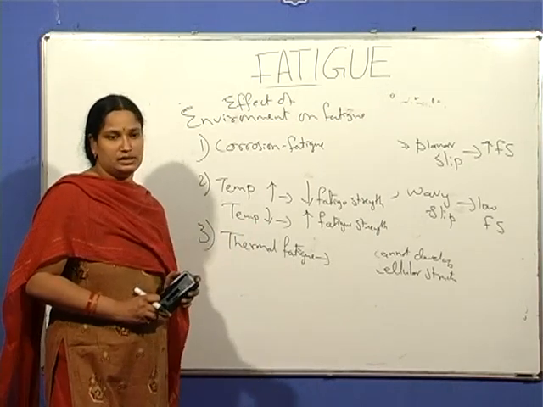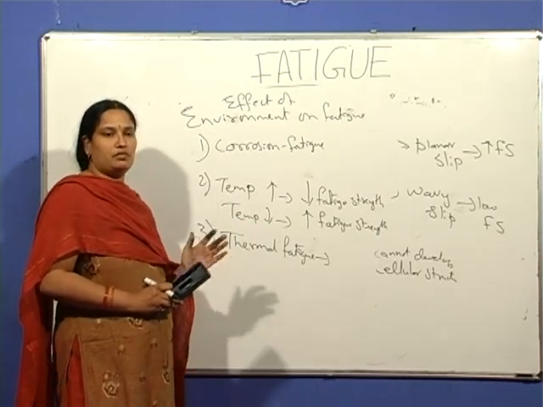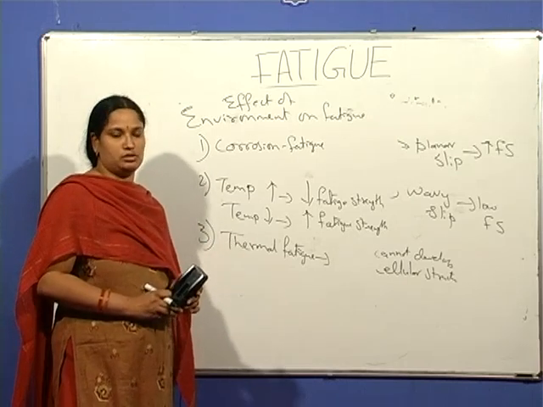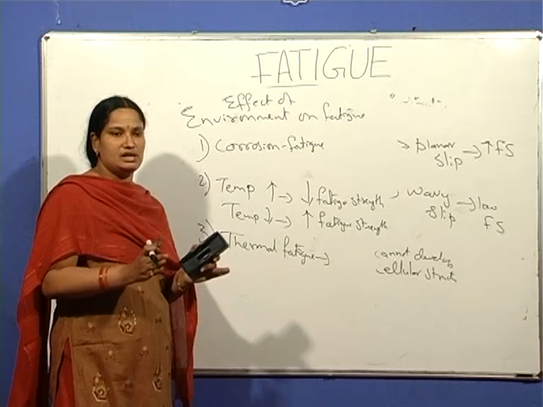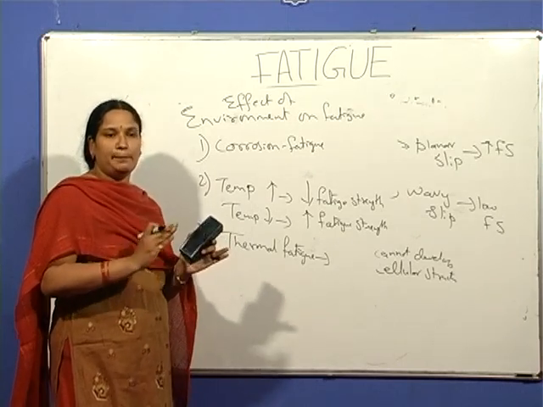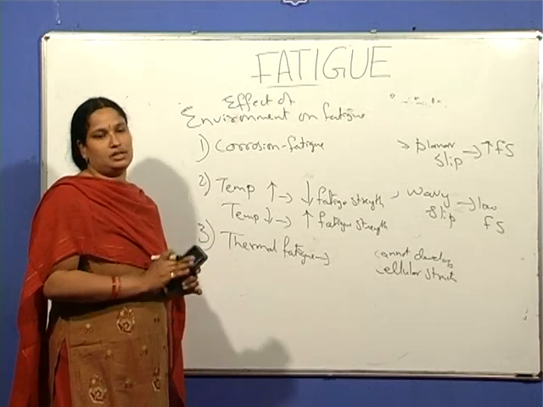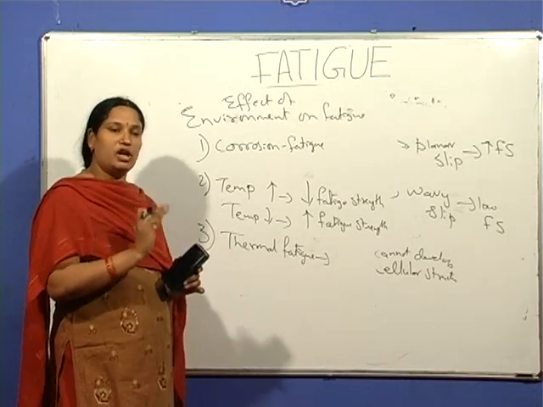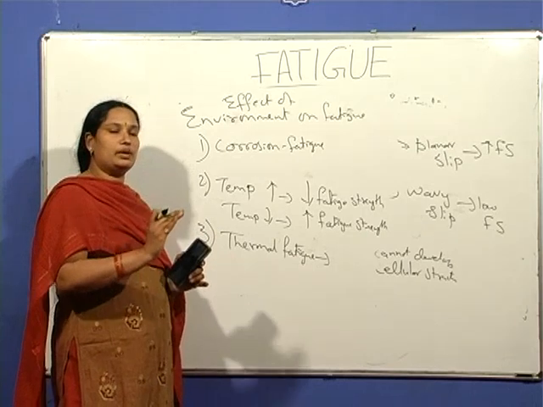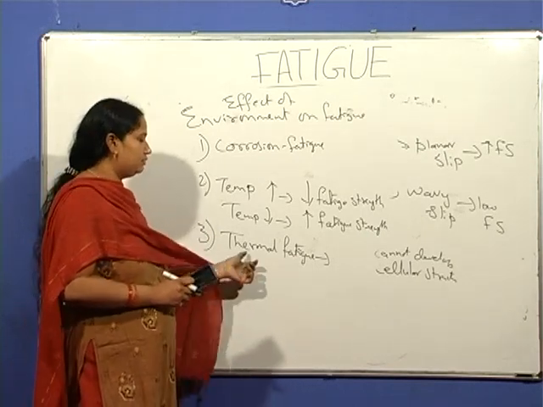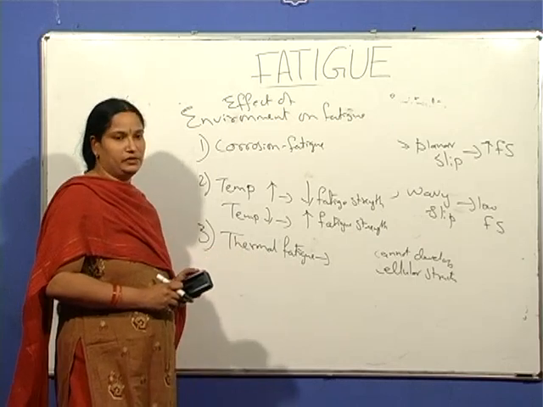If failure occurs upon one thermal cycle, then it is called thermal shock. Thermal shock means the material fails due to a very rapid temperature change in one thermal cycle. But if the failure occurs due to repeated thermal cycling, then it is called thermal fatigue.